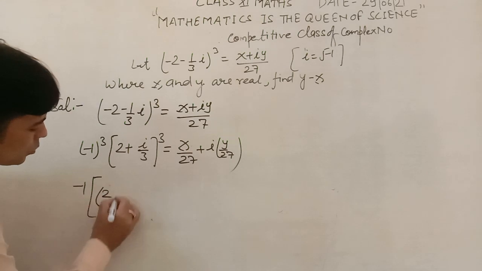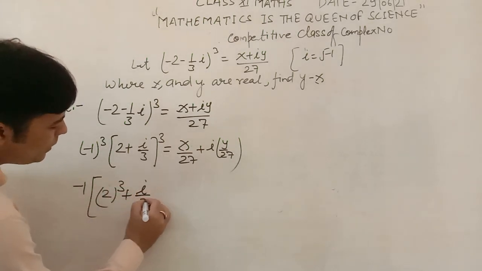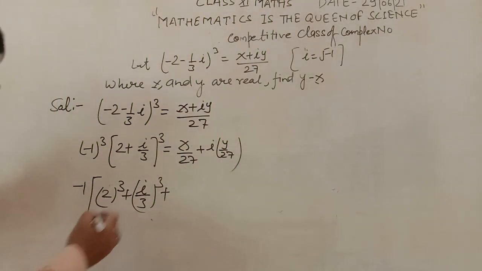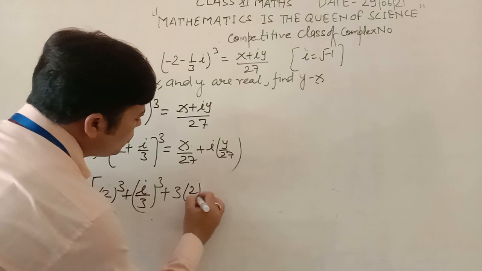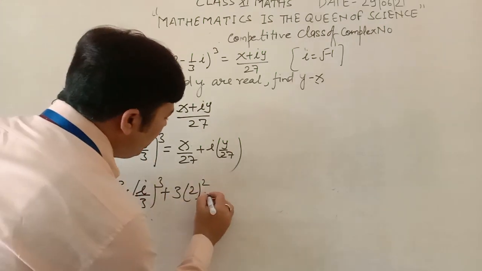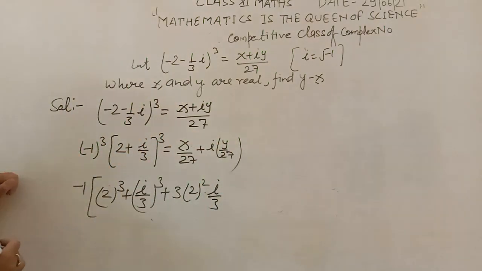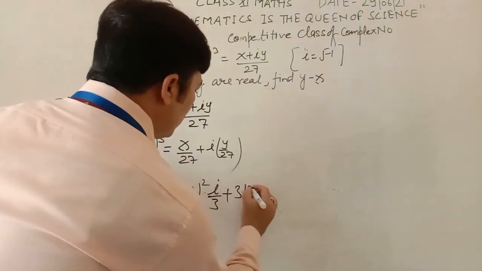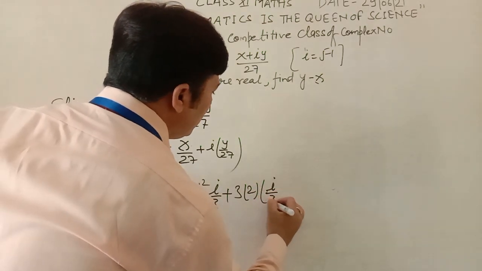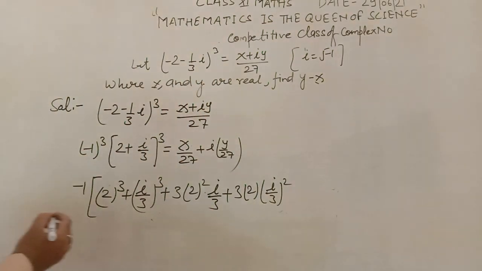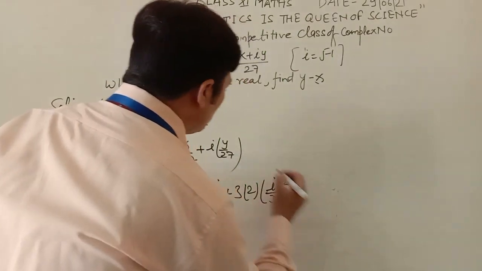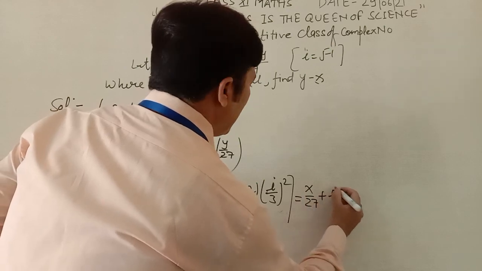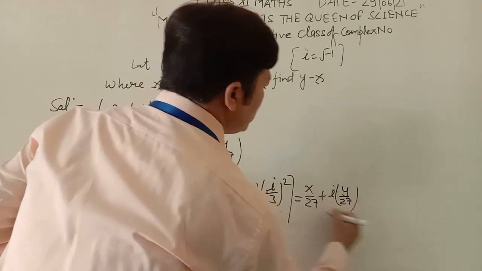Here a cube means 2 cube, plus b cube means (i/3) whole cube, plus 3a square b means 3 into 2 square into i/3, plus 3ab square, 3 into 2 into (i/3) whole square, and it is all equal to x/27 + iy/27.